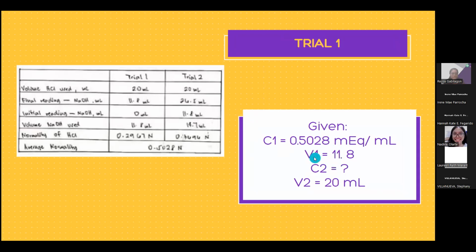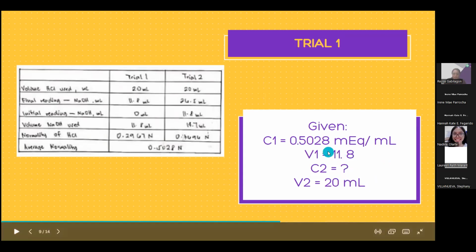C1 is 0.5028. This is your sodium hydroxide, right? Make sure that is your sodium hydroxide. Just get the average, because our sodium hydroxide also has two trials. So you just get the average and that is what you will use here for experiment number 12.